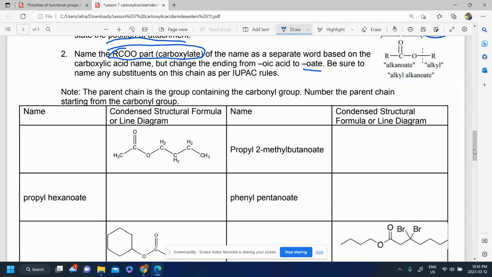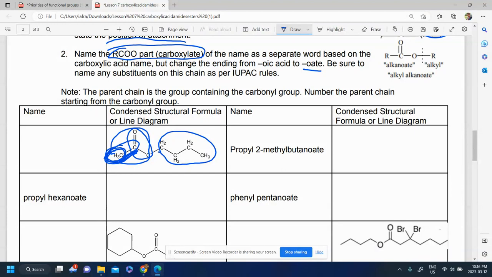So here we have an ester, and I know that because I have the C double bond O with the O here, and then there's carbon chains on either side. The shortest chain doesn't have to be your substituent. It could be your parent chain. The parent chain really is the part that comes from the carboxylic acid. So that's this part here. It's from our carboxylic acid. So that means this is actually the parent chain here.